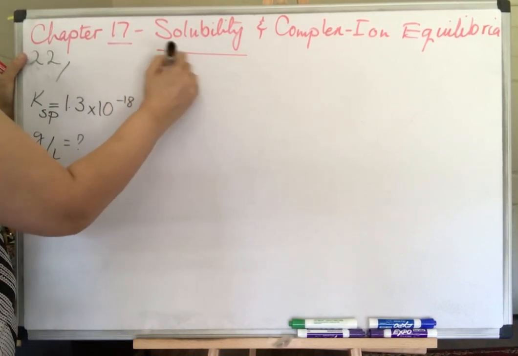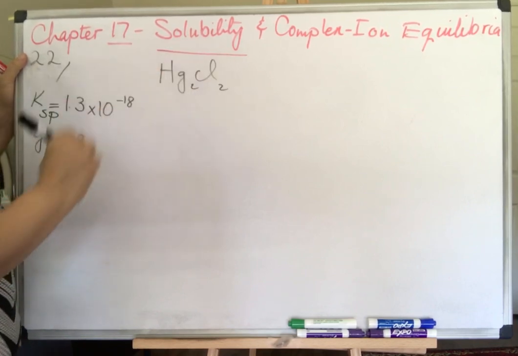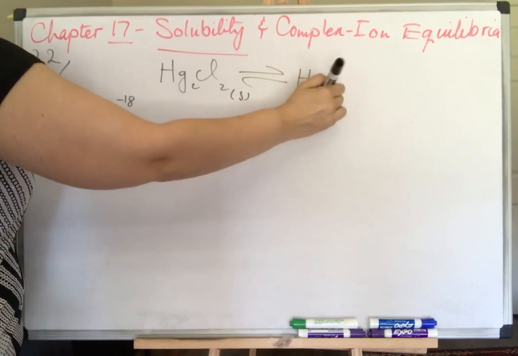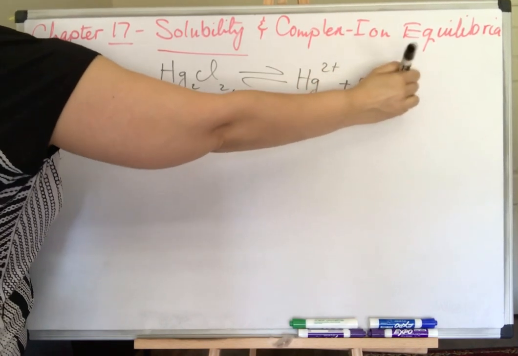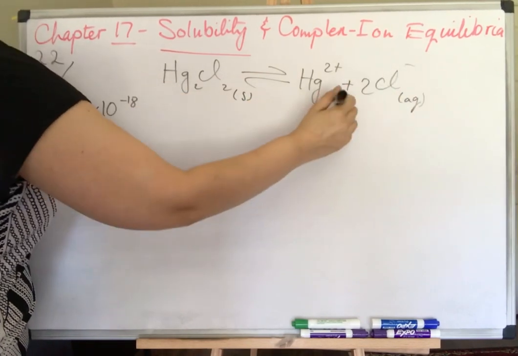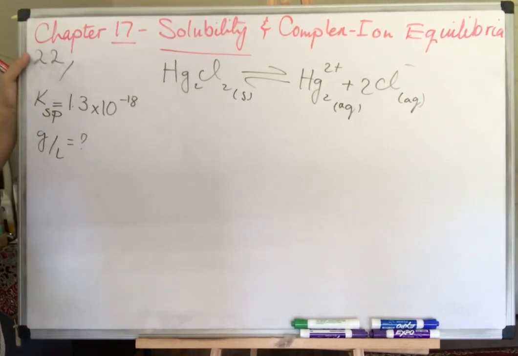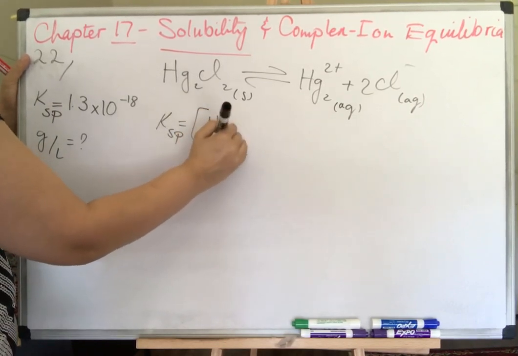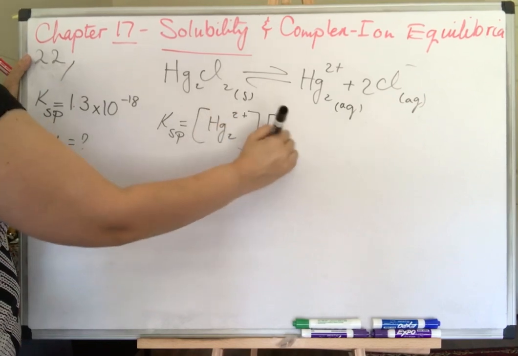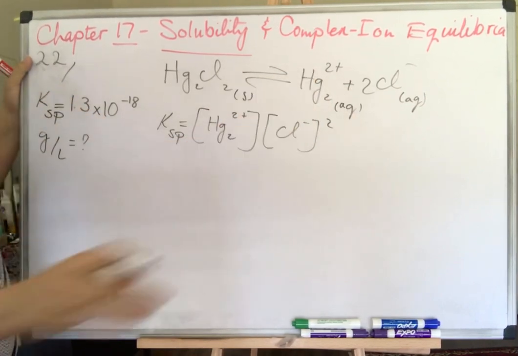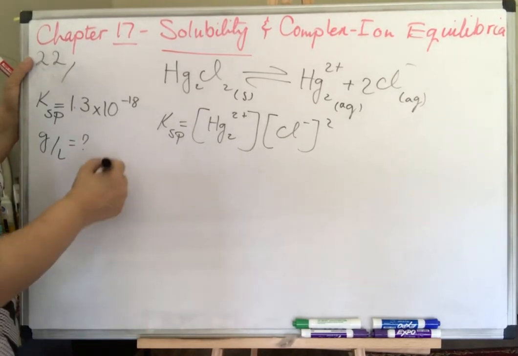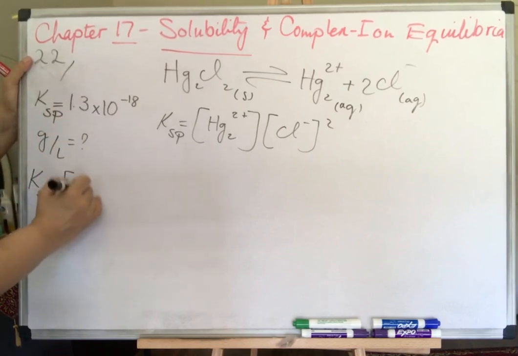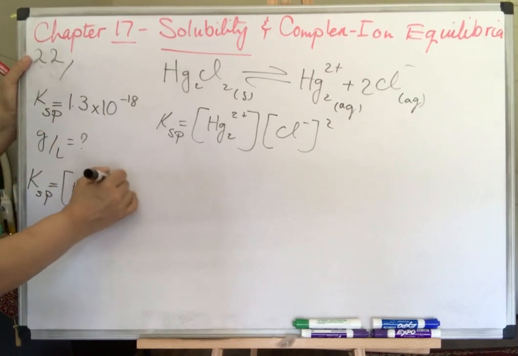And the equation will be Hg2Cl2 goes to Hg2 positive 2 plus 2Cl. This is the first equation you worked on. So KSP is Hg2 times Cl squared, right? Then let me write KSP here because I need the equation for the ICE table.